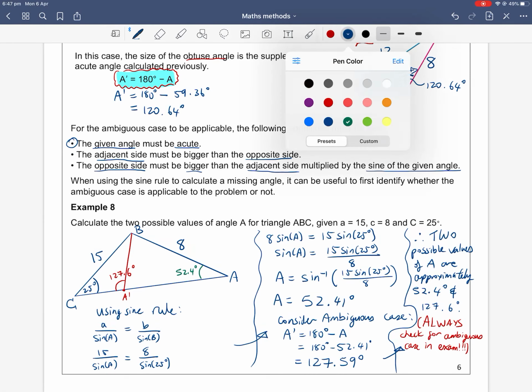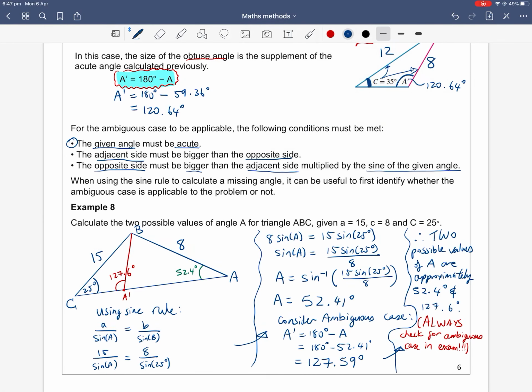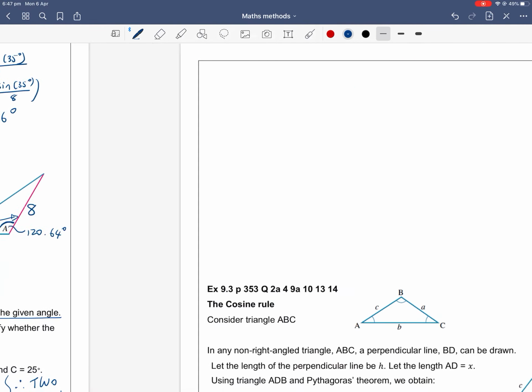Now I'm going to do a little extra as well to this example. This question initially just asked us to work out the possible angles for A, which we did using the ambiguous case and sine rule. What if we then are asked to find the possible angles of capital B, and the possible side lengths of B?